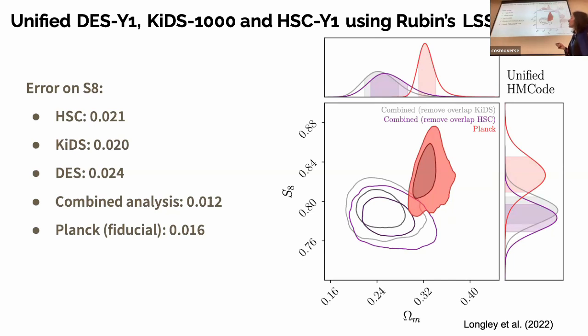The HSC error is 0.02, and then KiDS is 0.02, and then this is 0.24, and once they combine it, they get an error that is 0.012. So it's quite a lot smaller, and if you compare that with the Planck fiducial error, it's smaller than that. So it's showing that if you combine these together, you can get an error which is pretty small.